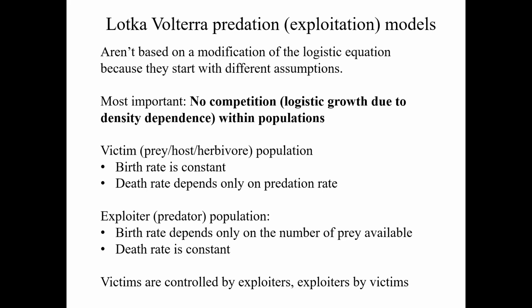First, they said, well, let's just look at the very simplest case possible. Let's assume that there's no competition within the prey. So they'll grow exponentially. Let's also assume that there's no competition within the predator. So that right there, that throws out the logistic model.